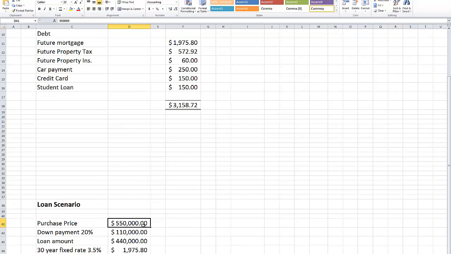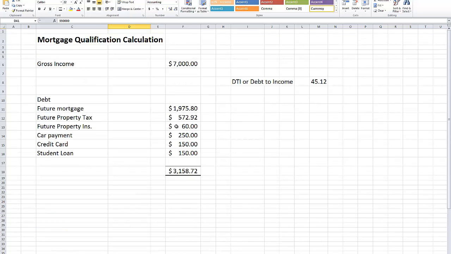But as I mentioned, in California, it's 1.25%, and then you just divide that by 12 to get the monthly property tax figure, which in this case is $572.92. And then you will have property insurance. For an average property, we're looking at around $60 per month.